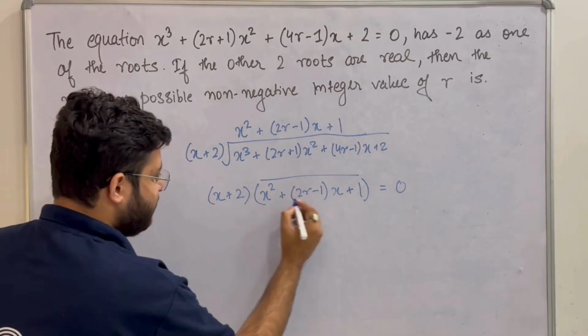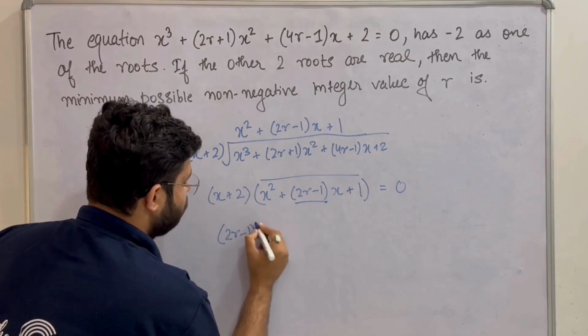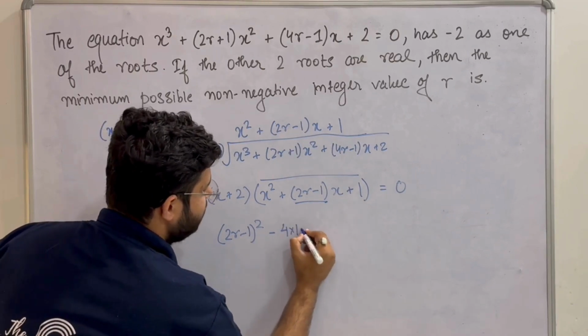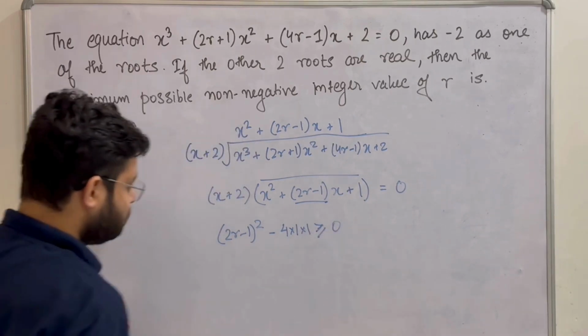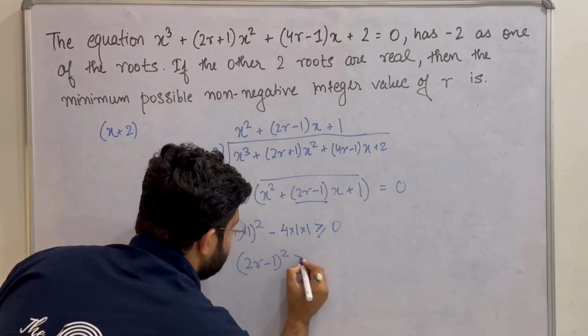Right? So what will be the discriminant value? B square. So B square is what? 2r minus 1 whole square minus 4 multiplied by a multiplied by c is greater than or equal to 0.